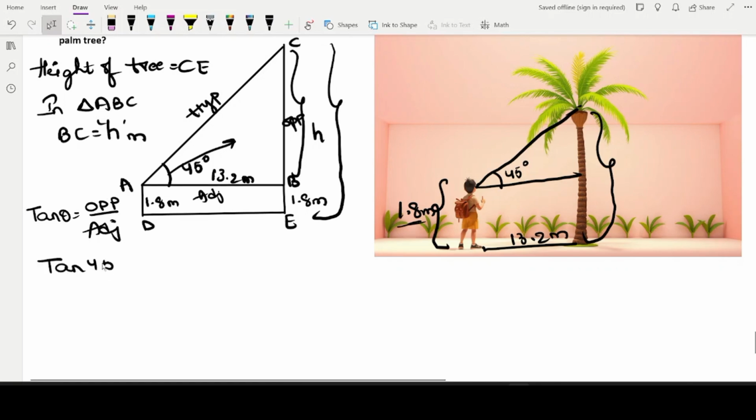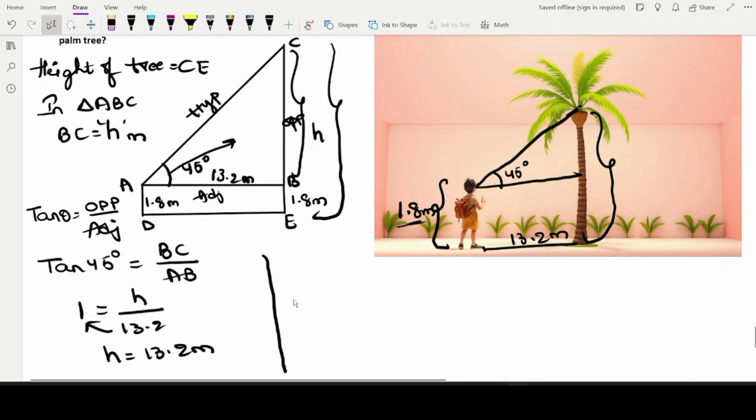What is theta? 45 degrees. And what is the opposite side? It is BC, divided by the adjacent side, AB. Tan 45 is 1. What is the value of BC? It's h. The value of AB is 13.2. So when you move it to the other side, h equals 13.2 meters.